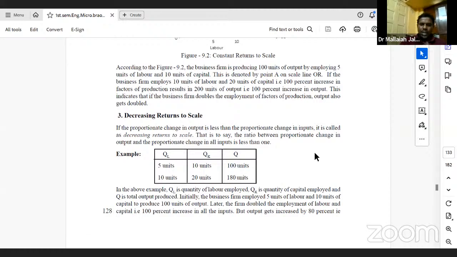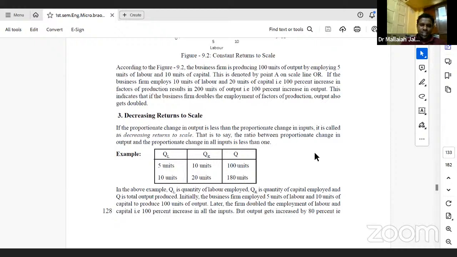If we use 10 labor and 20 capital, output must be either greater than 200 or at least 200. But how much is it? 180. It is declined. So that is the reason why the proportionate change in output is less than the proportionate change in the inputs.